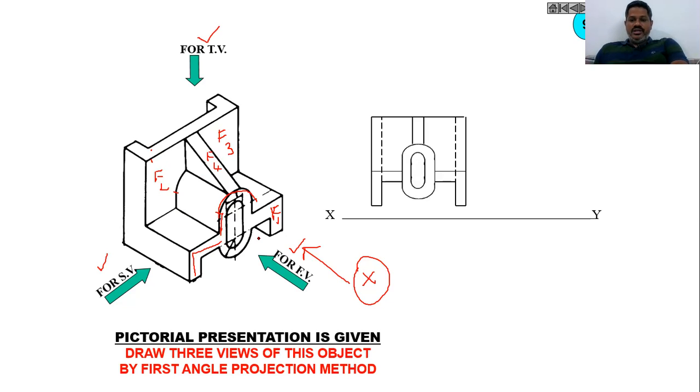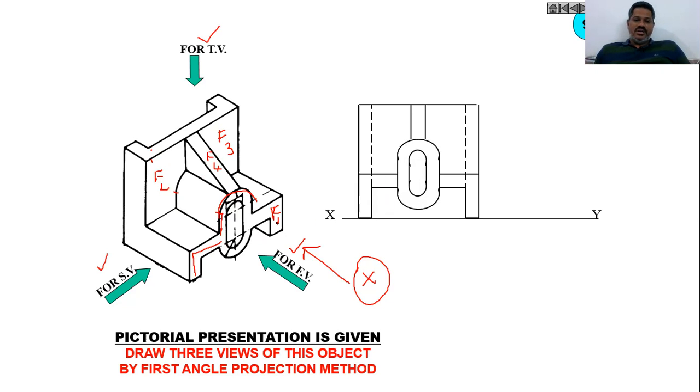Then you move forward, and as I said just now, you can find the F1 face here. This is our F1 face. Then you can also see the F2 face. This is your F2 face, then this is your F3 face. Then similarly you will also find F4.